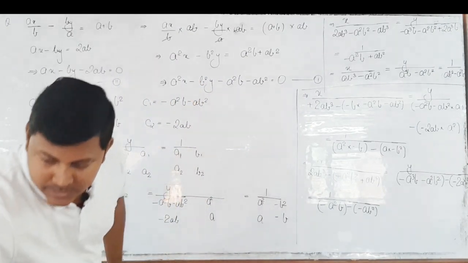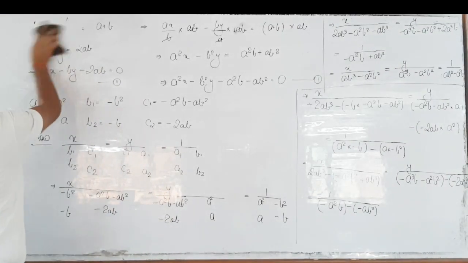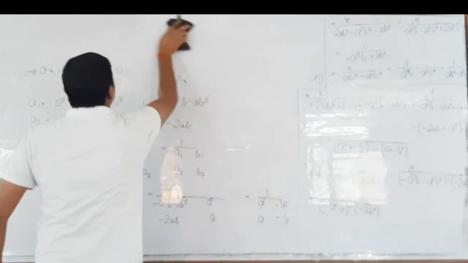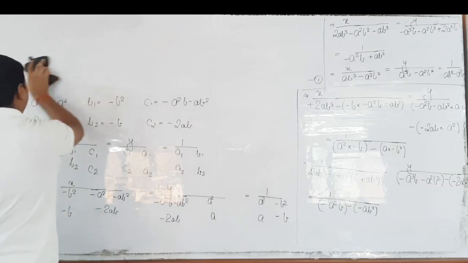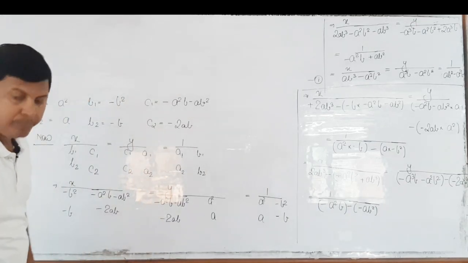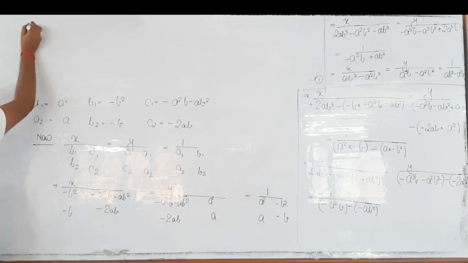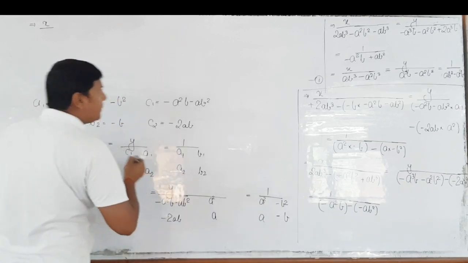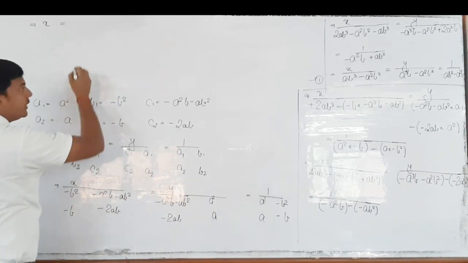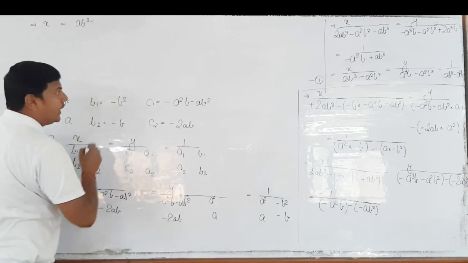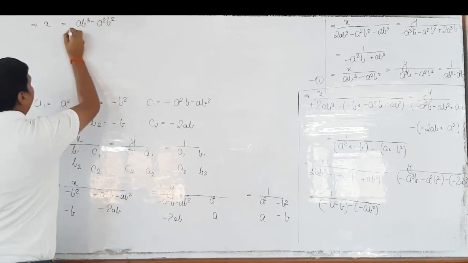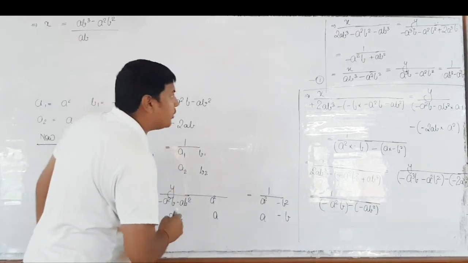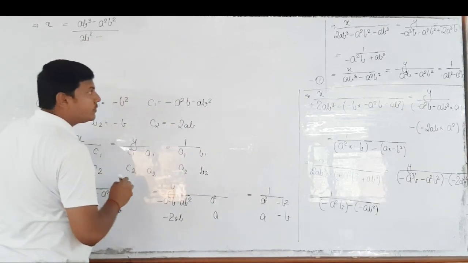So x is equal to ab cube minus a square b square by ab square minus a square b.